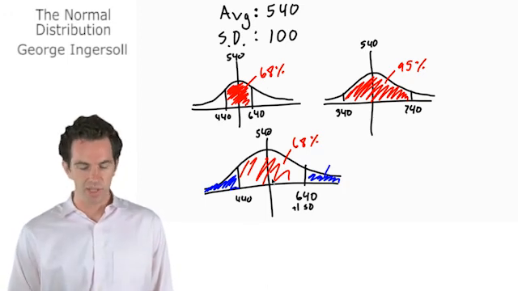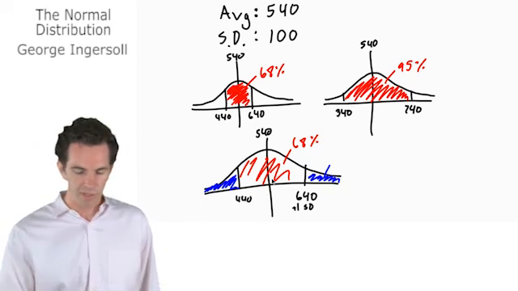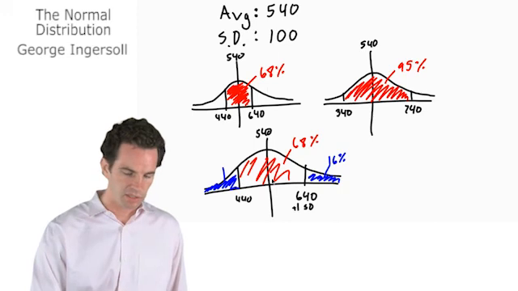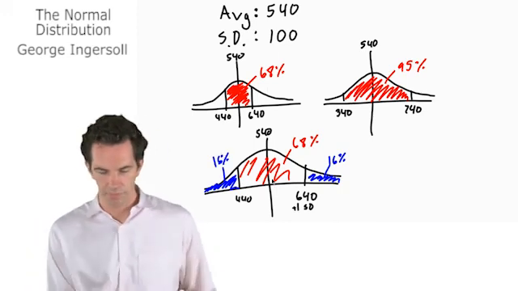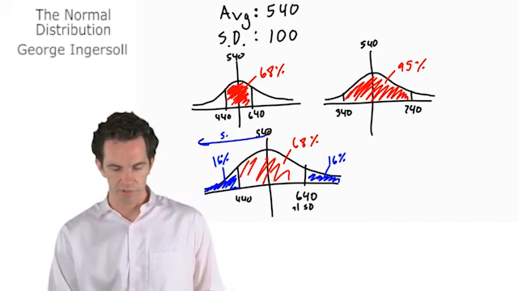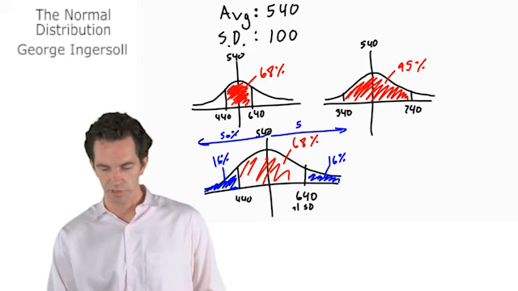That means that because the normal distribution has an even spread on either side, this is going to be equal to 16%, and this is going to be equal to 16% as well. Furthermore, on either side of this curve, this is going to be 50% of all results, and this is going to be equal to 50% of all results.